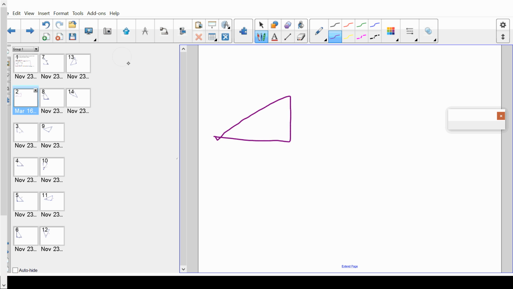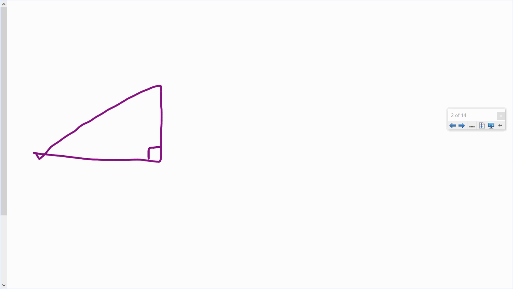So first off, I'm going to give you that this side is 1 and this side is 2. And I want to find the missing side. So to find a missing side, I do Pythagorean theorem. A squared plus b squared equals c squared.